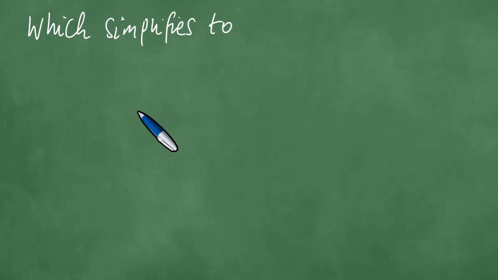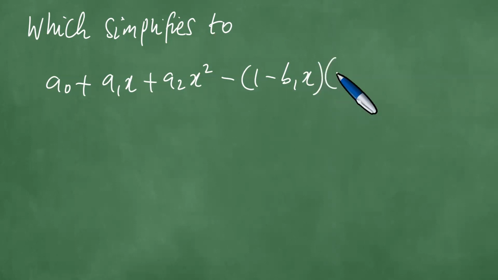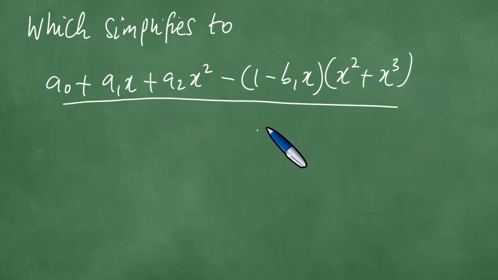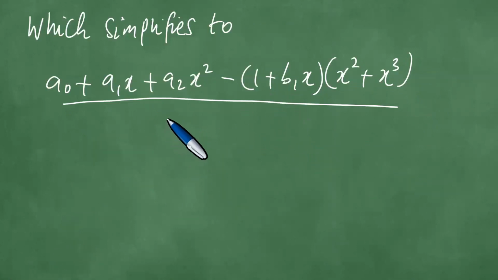So now we can actually simplify this. a0, a1x, a2x squared, 1 plus b1x, times x squared plus x cubed, divided by 1 plus b1x.